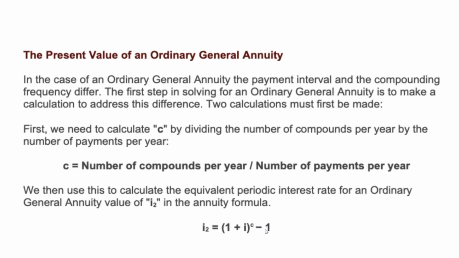So we know I is the periodic interest rate as stated in the problem. What's this C? C is something we have to calculate. C is the number of compounds per year divided by the number of payments per year.